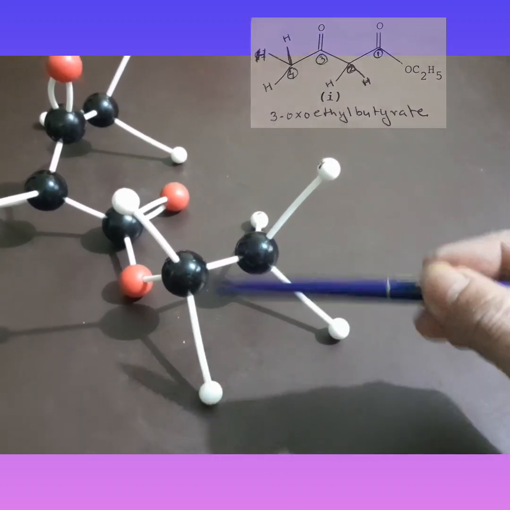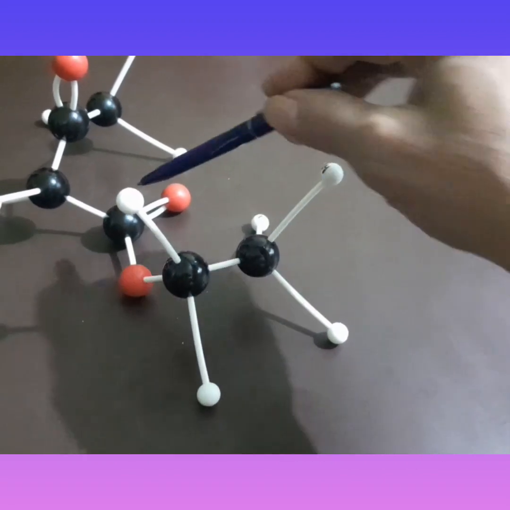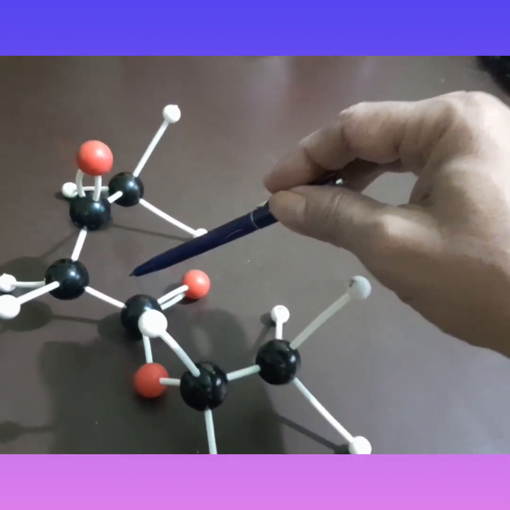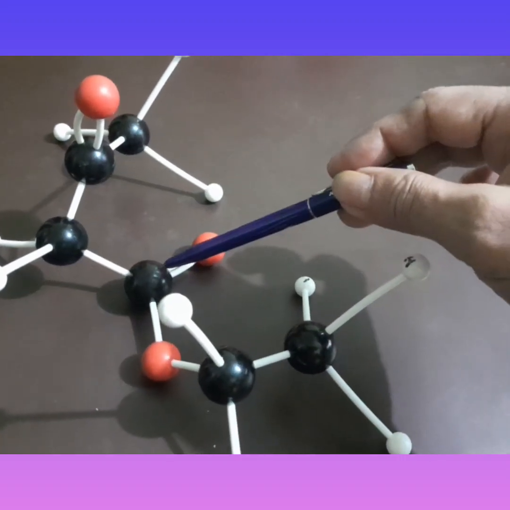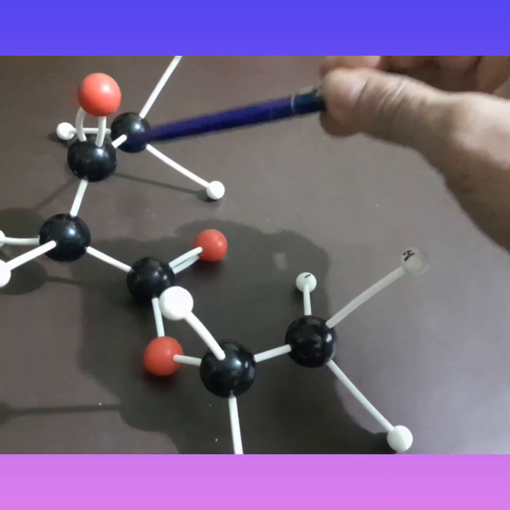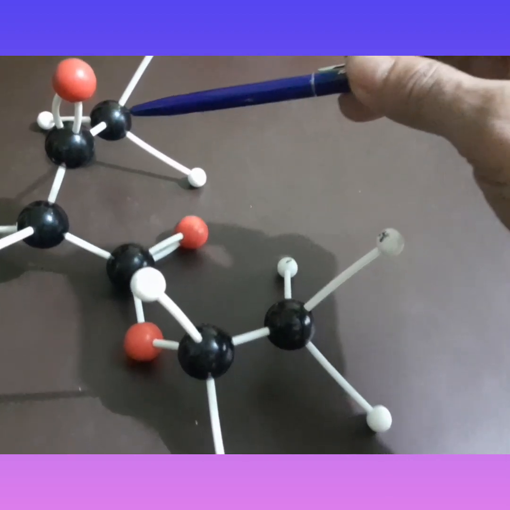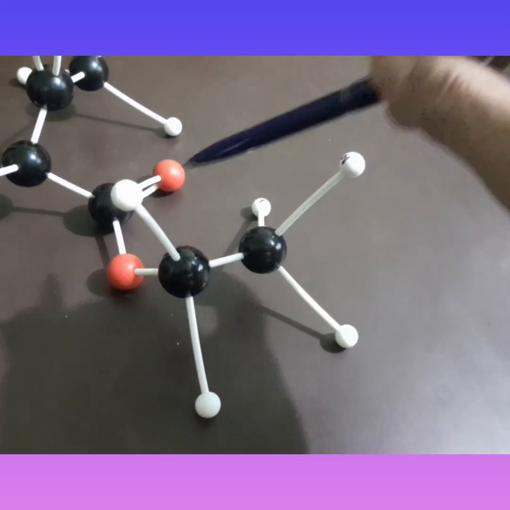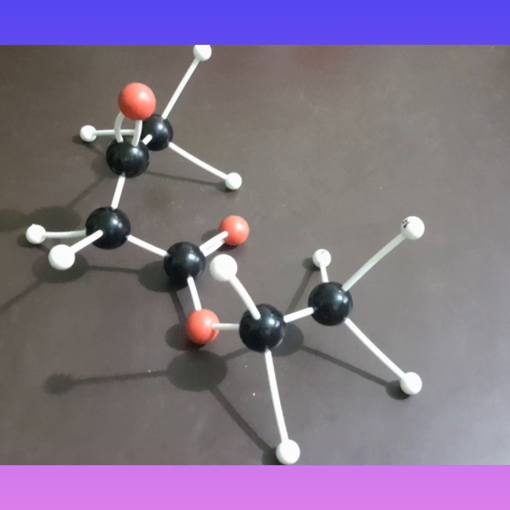So this is the ethyl group, O, C double bond O. So this is the ester part, and the backbone is that of butyric acid, 1, 2, 3, 4. And in the third position there is a ketone group. So we call it 3-oxo ethyl butyrate. So this is the structure of ethyl butyrate.